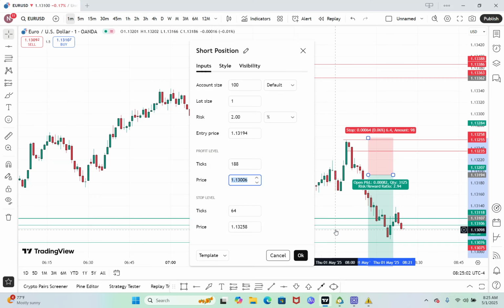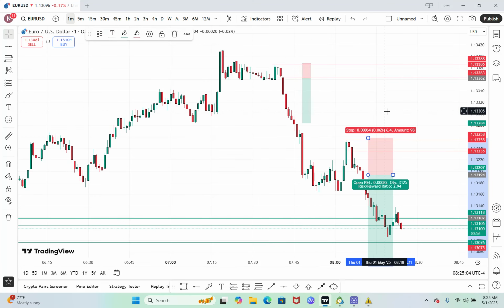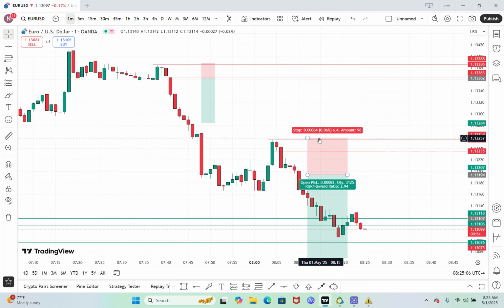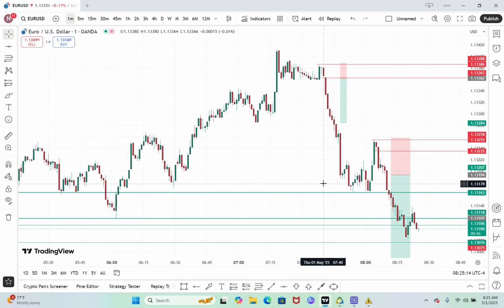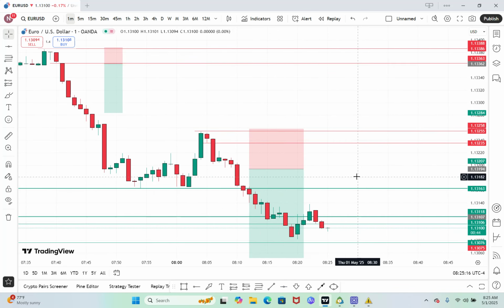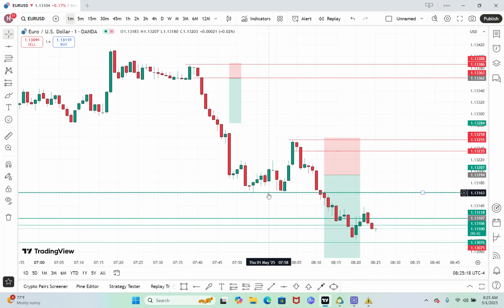We'll go back to TradingView. Okay, so as you can see, here buyers were in control. Put a line right there. Buyers were in control. Sellers took over here, pushing the market down.